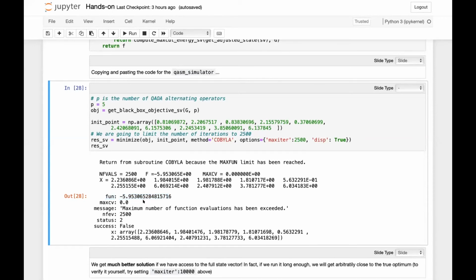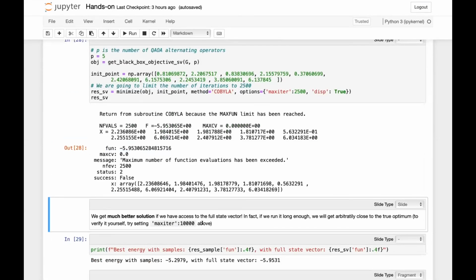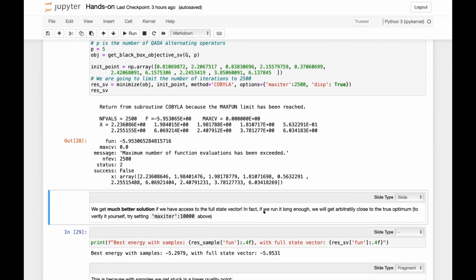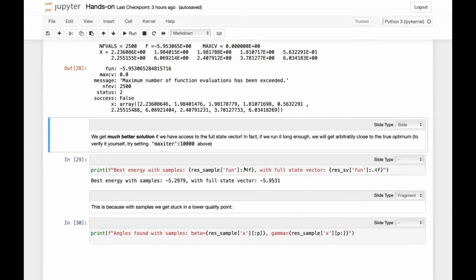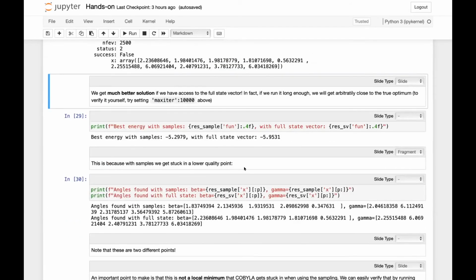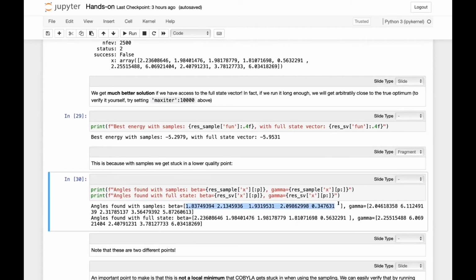So why is that? Well, it turns out you get this much better solution if you run with the state vector, because if you use the samples, the optimizer will get stuck in some lower quality point. Now you can see that these parameters are quite far apart from each other. For example, for beta, you can compare the value found by optimizing the objective computed from samples and optimizing the objective computed from the full state vector.